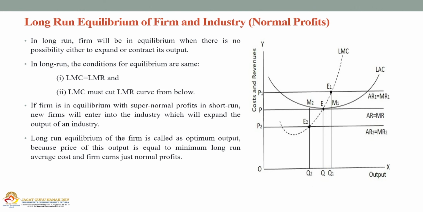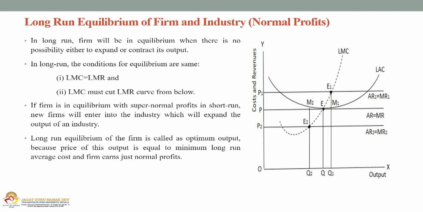But in long run, whatever the form of competition is, there will always be normal profits, because you know that in long run no factor is fixed, all factors are variable.